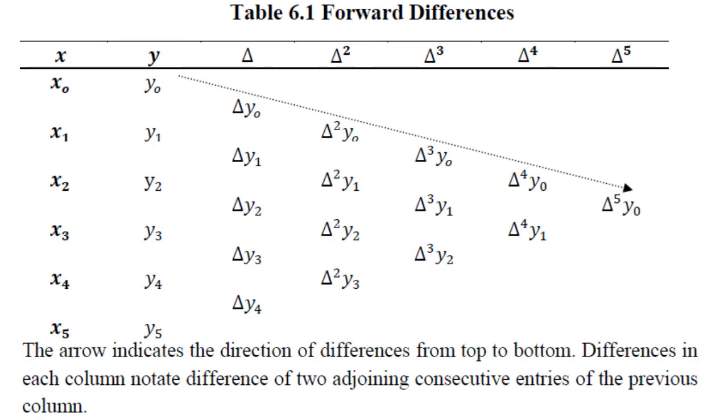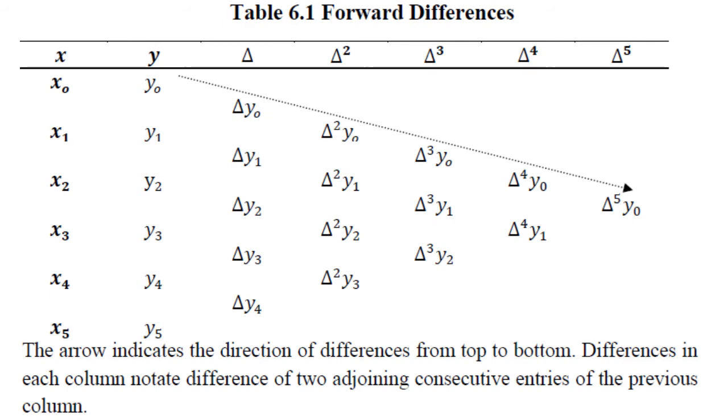So students, this is the forward difference table here. And if you understand the table, then you will not need to remember the formulas. This is a very simple table, students.